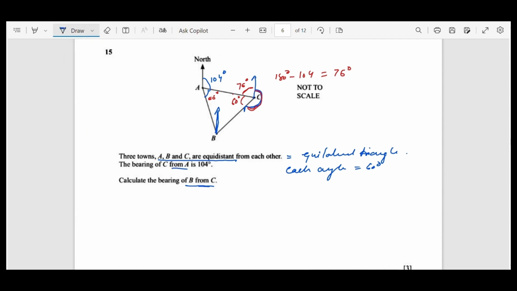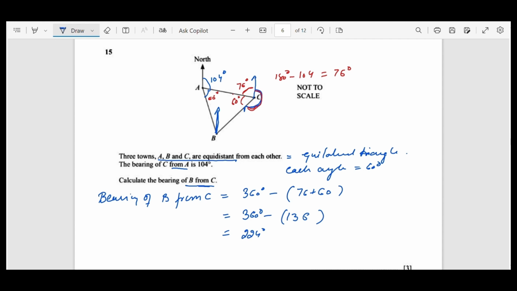So the bearing of B from C is equal to 360 degrees minus bracket 76 plus 60, which is equal to 360 degrees minus bracket 136, and this will be equal to 224.